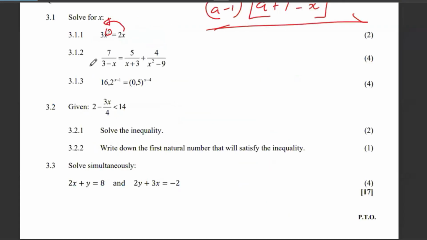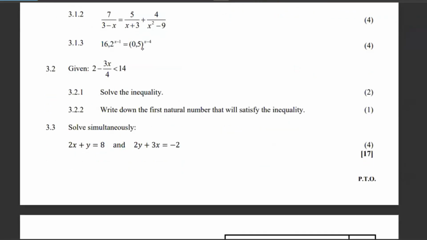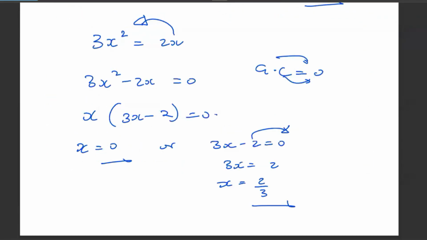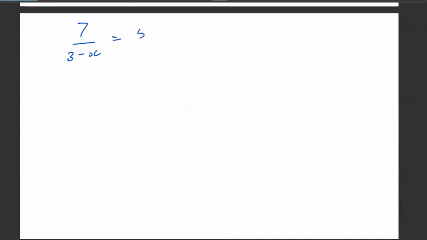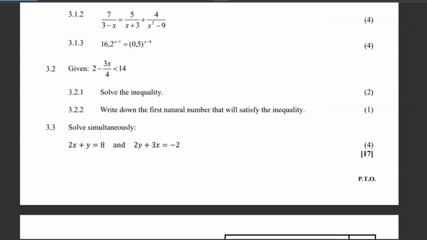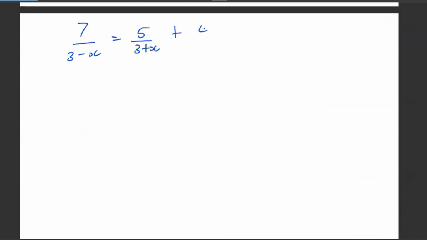Then 3.1.2. Equations with fractions. Okay, so we have 7 over 3 minus x, is equal to 5 over 3 plus x plus 4 over x squared minus 9.